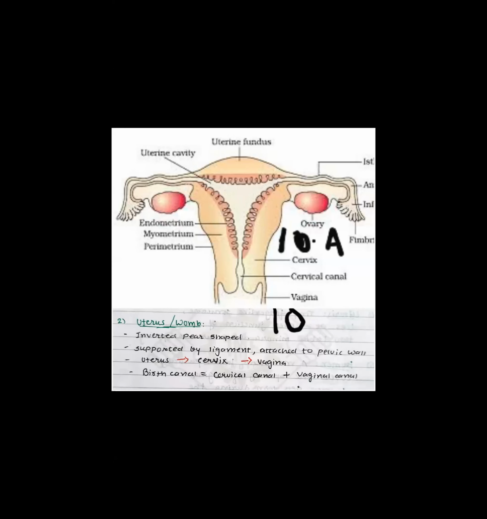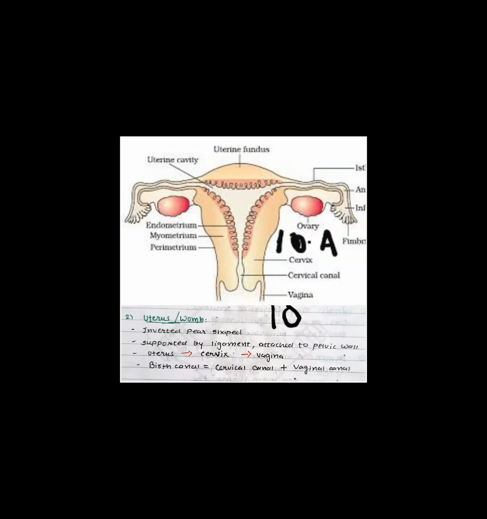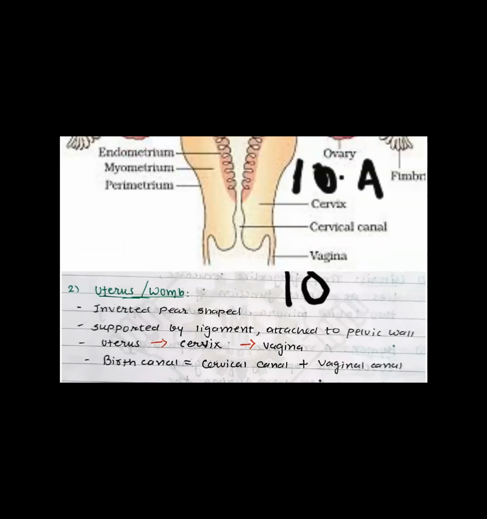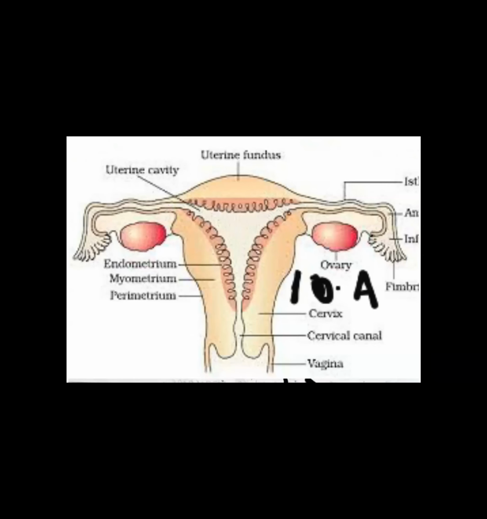Let's go for the next. The next component in the female reproductive system, and also a part of the accessory duct setup, is the uterus, womb of the mother.